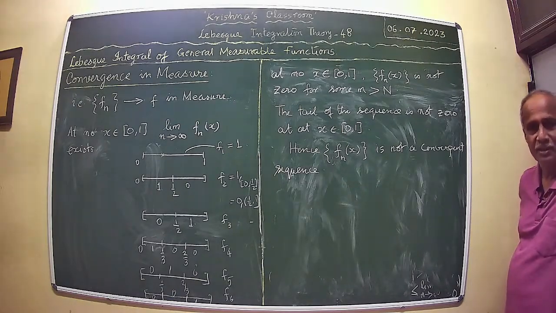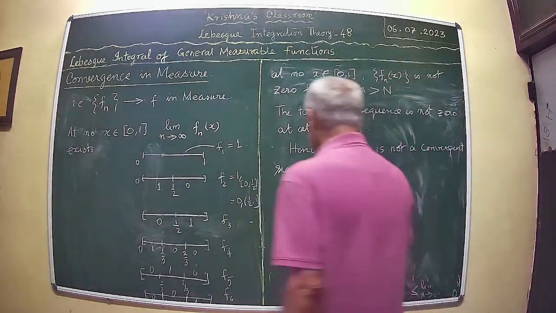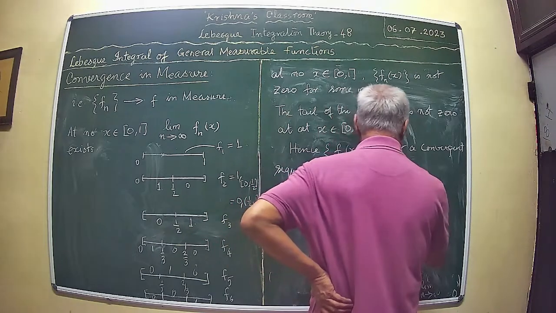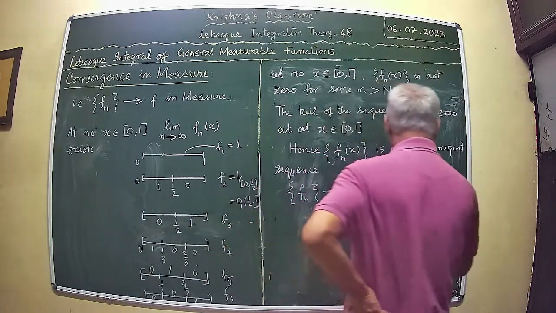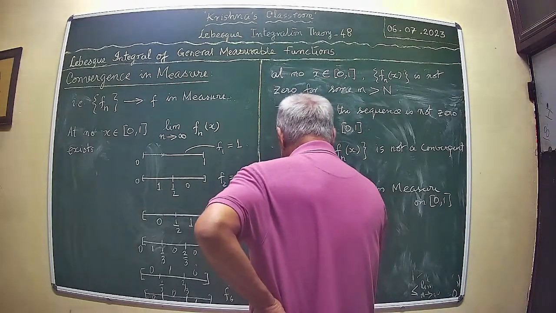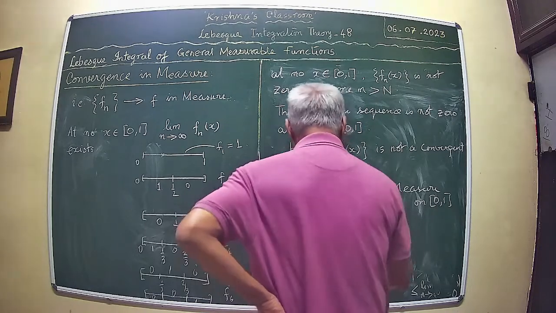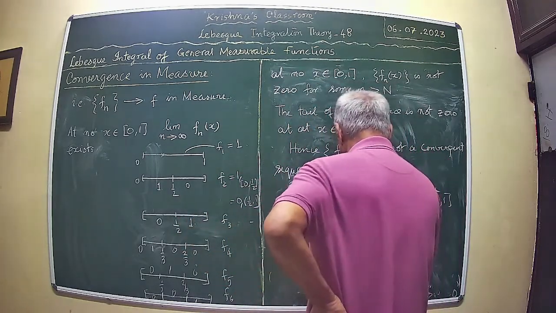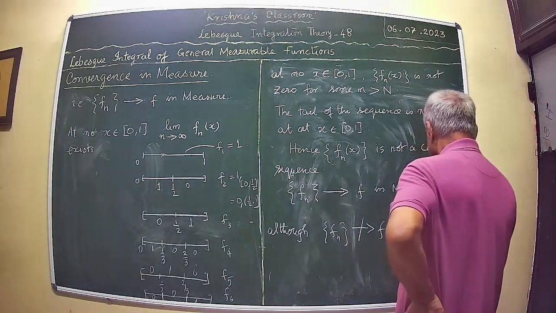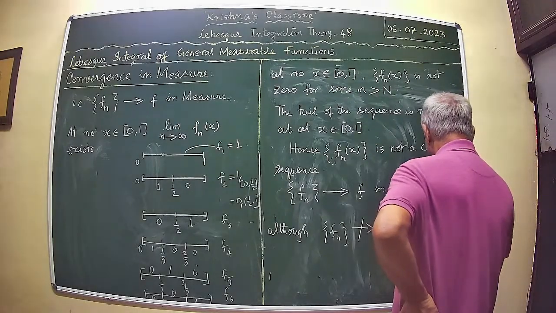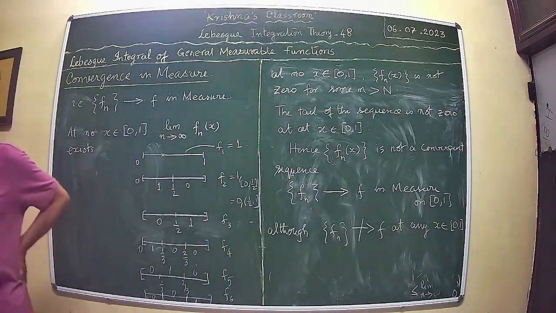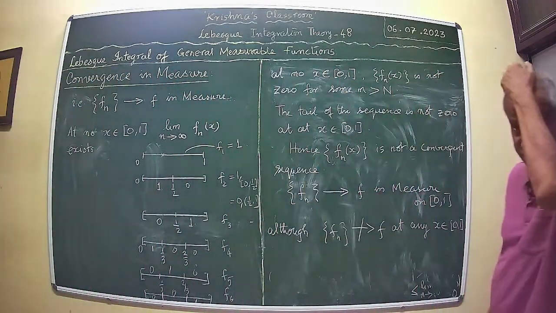However, Fn converges to F in measure. So that of course shows it clearly that you cannot write down the converse of the result that we have used.